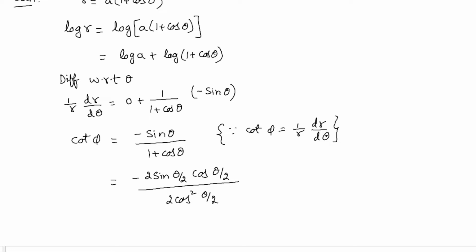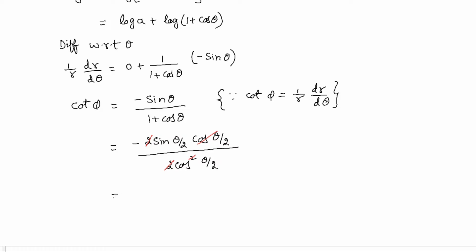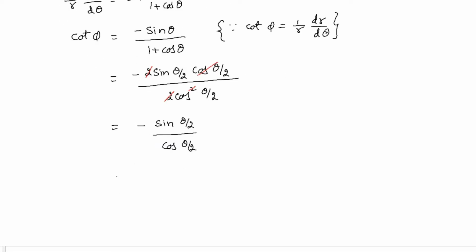So let's try to cancel the values in the numerator and denominator. 2 will cancel out, one cos theta by 2 will cancel out. We are left with minus of sine theta by 2 whole divided by cos of theta by 2. So this is nothing but minus of sine by cos will be tan, so we get minus tan of theta by 2.